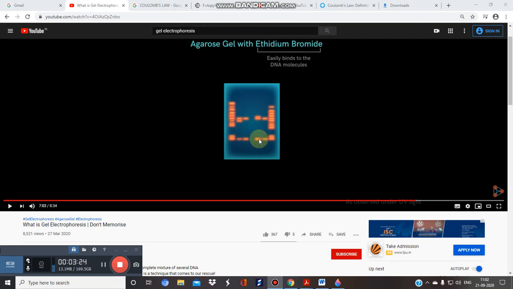The fluorescence, or you can say the bright orange bands of DNA fragments, will be observed under the UV light. This is the reason why we use ethidium bromide. It is a chemical that binds to the DNA molecules and gives us fluorescence when we observe our plate under the UV light in this way.